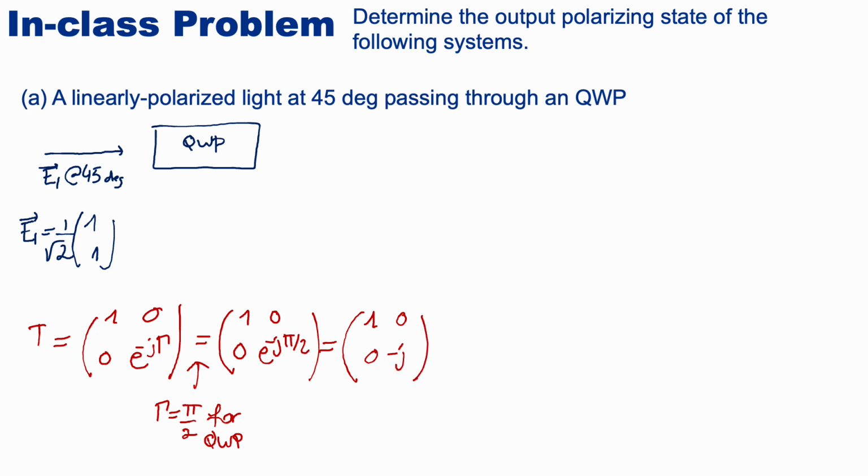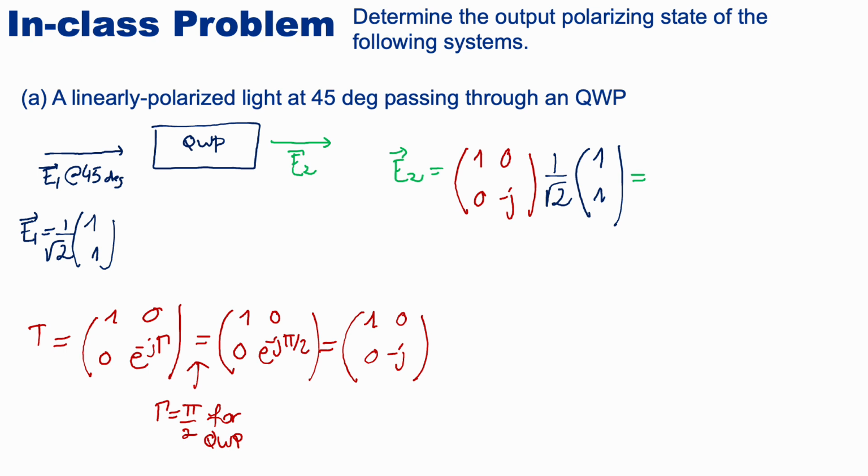So now we want to know what the output is going to be after the quarter wave plate. We have our quarter wave plate multiplied with our input, the Jones vector of 1 over square root of 2 times 1 1.